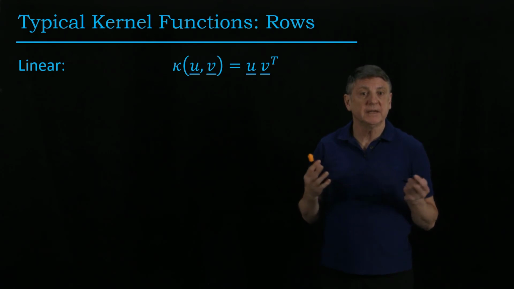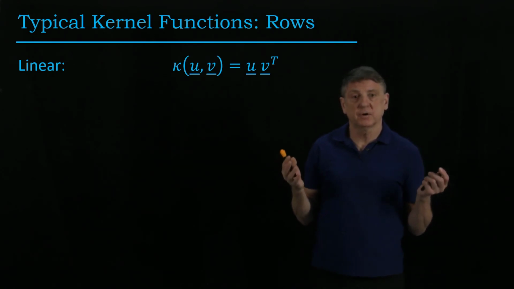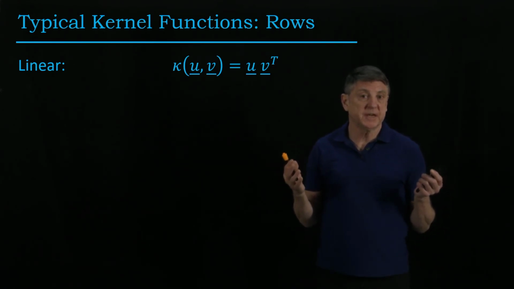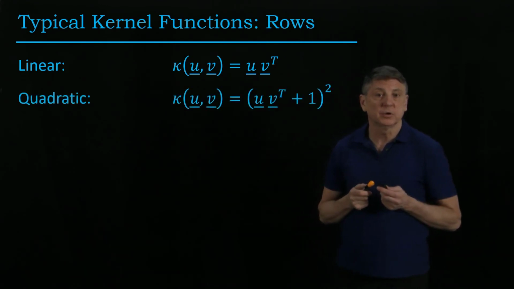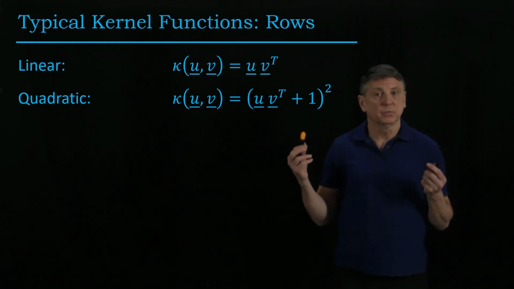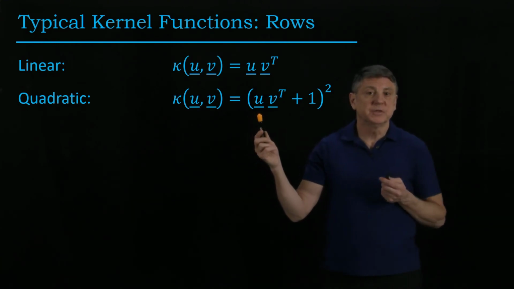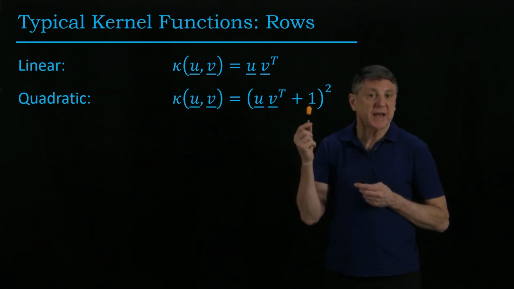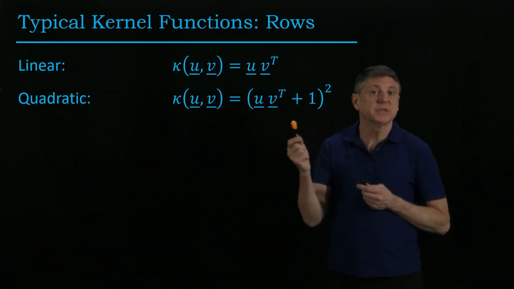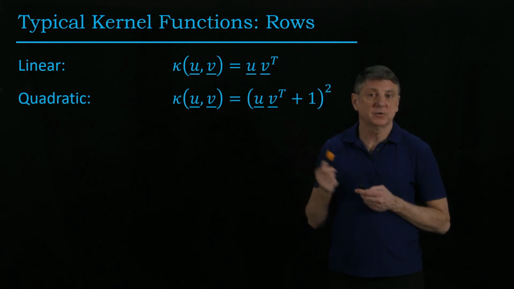And that really is what is happening with all of our data analysis in PCA up till now: we've been using what would be called a linear kernel. The quadratic kernel that we're exploring is we could take the inner product of the two observations, add 1 to it, and square it.